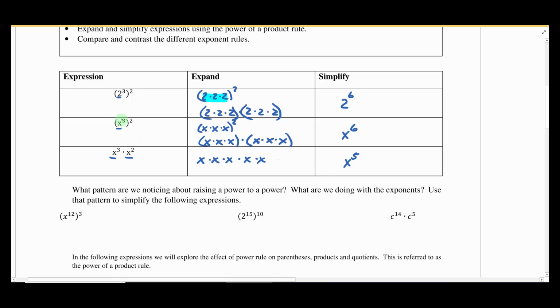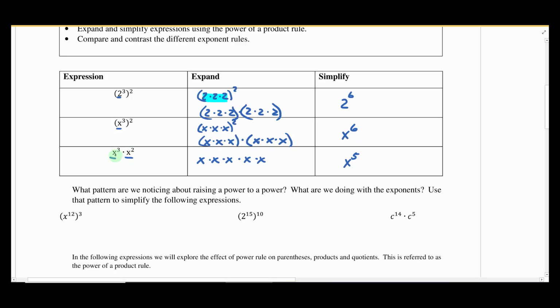So in this scenario, when we have a power raised to a power, I'm looking at what's happening with the exponents, right? Because it asks down here, what pattern are we noticing? Well, in these first two, we did 3 times 2, and we got 6, right? So it's like we multiplied the exponents when we did the expanding process, okay? And the same thing here, if I did 3 times 2, we got 6.